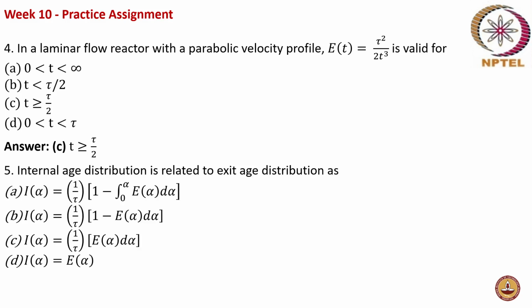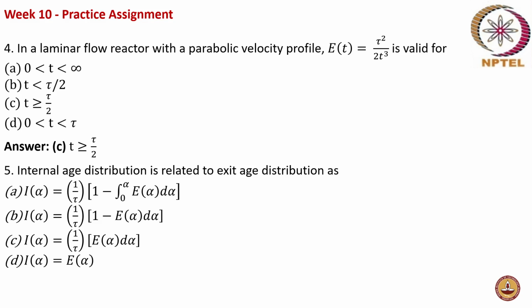Now let's go on to question number 5. Internal age distribution is related to exit age distribution. In the lectures we have covered the concepts of internal age distribution and exit age distribution.